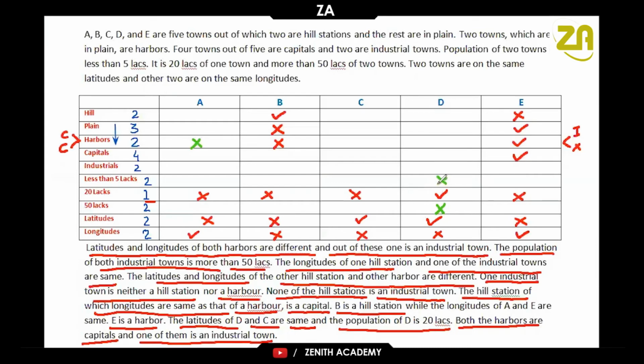And when D's population is 20 lakhs, it cannot be industrial, correct? Because the population of both industrial towns is more than 50 lakhs. So here you can write: two industrial, and both more than 50 lakhs.